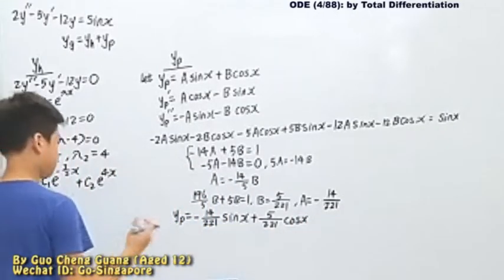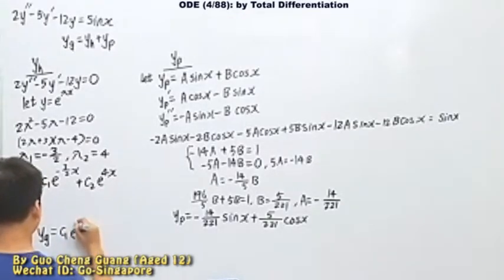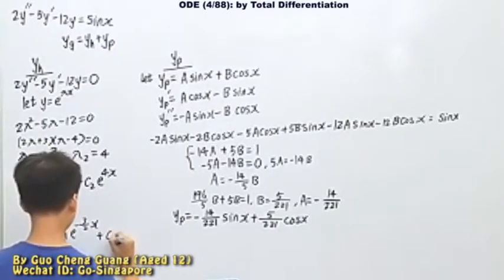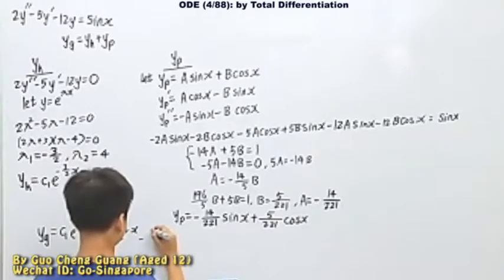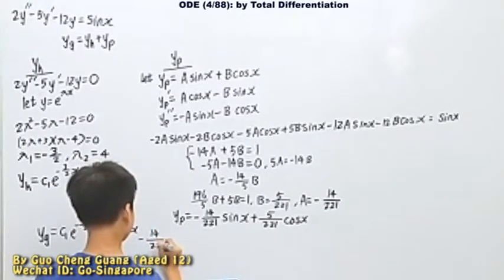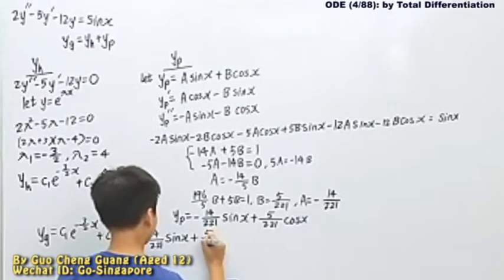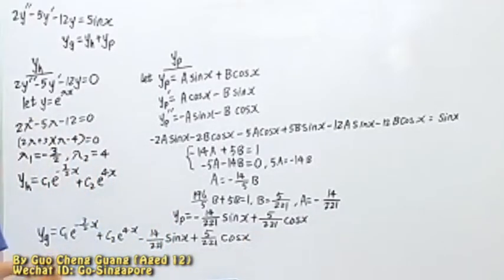After that, you add both of these to find yg. So when you write it, it's like this. So this is your answer.